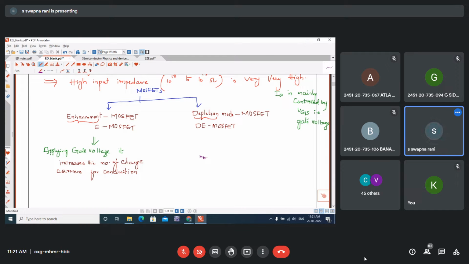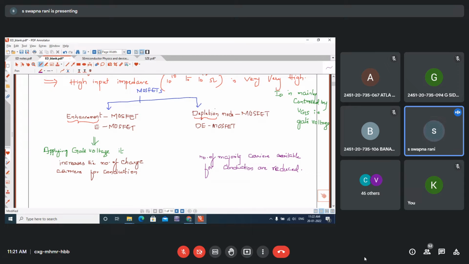The number of majority charge carriers available for conduction are reduced, depleted.